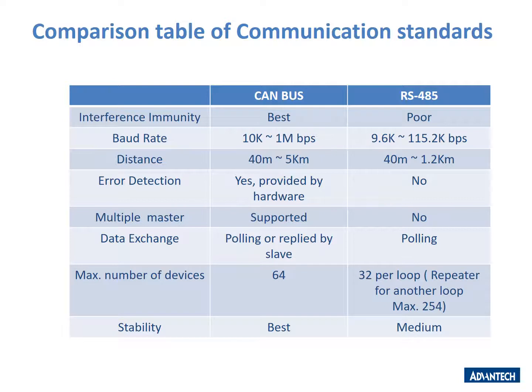Additionally, it provides error detection for errors provoked by the channel's noise and offers the multiple master mode. As a drawback, CAN bus can only support a maximum of 64 devices, unlike RS485, which can support up to 254 devices with the help of repeaters.